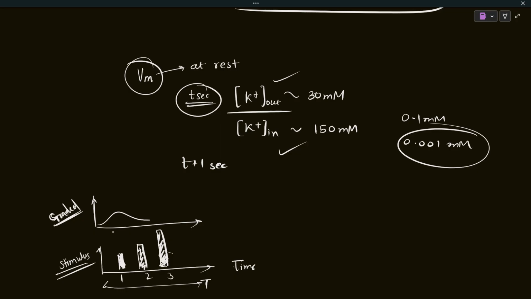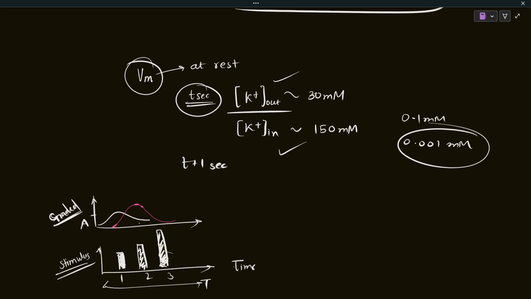Stimulus 1 is of this strength, and that is why it is going to generate a graded potential of this intensity. The amplitude of the graded potential will be something like this. Then for the next stimulus, stimulus 2, the intensity of the stimulus is high, and that is why the intensity of the graded potential will also be high.